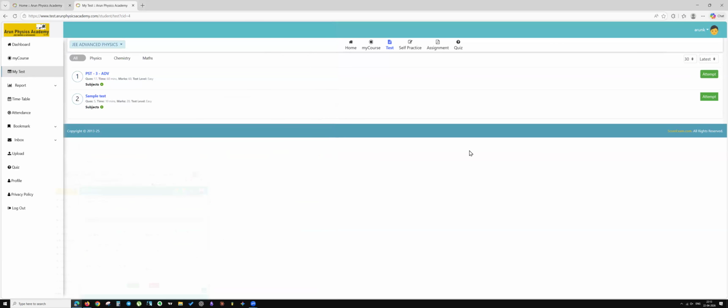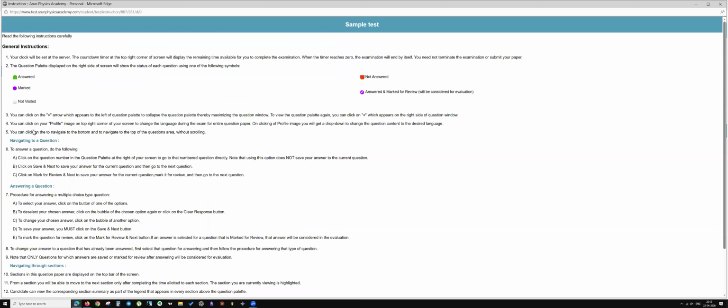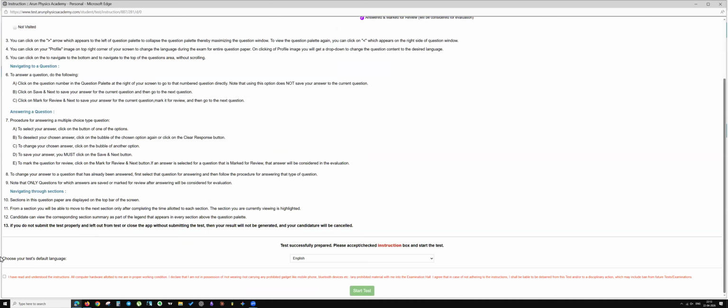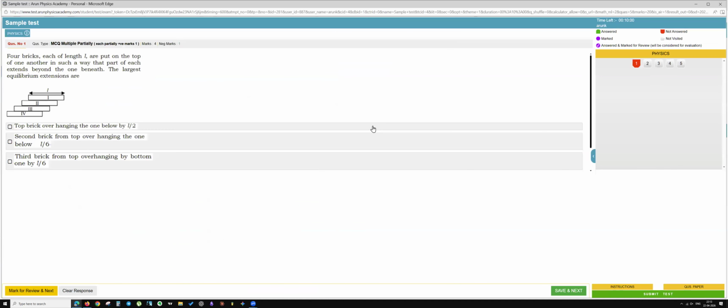Patience, patience. I'm in a hurry. So you can just click on that attempt. It'll show you the instructions. At the bottom, you press this and say start the test. So this is how the platform will look like. This is exactly the JEE Mains platform. We have copied that exact thing and made a replica out of it.